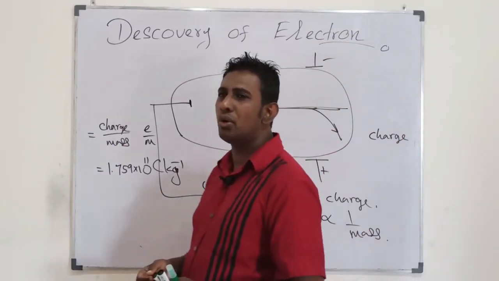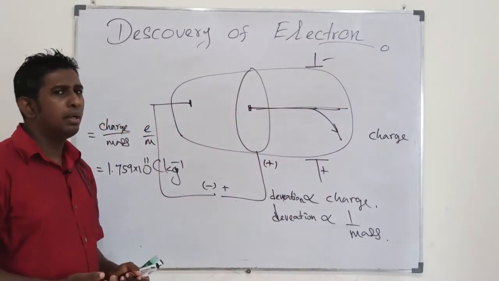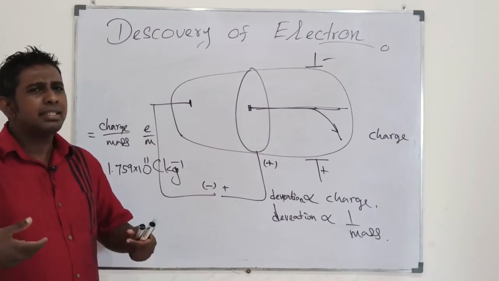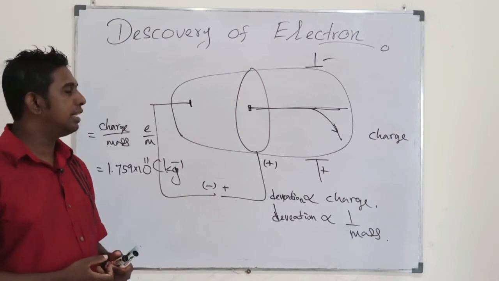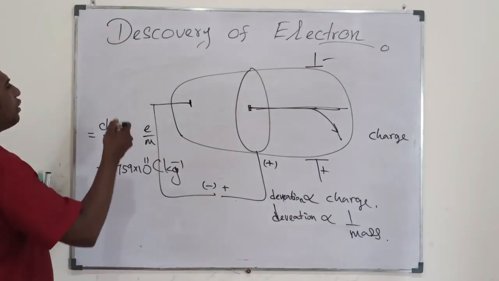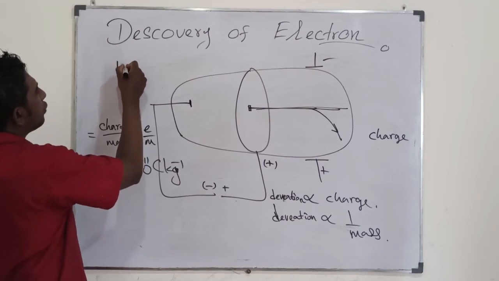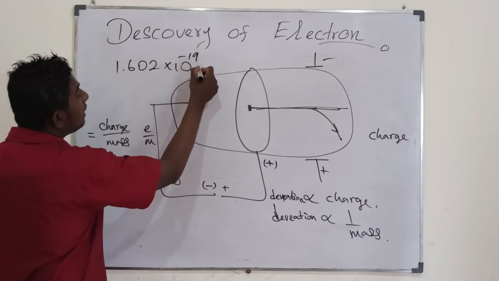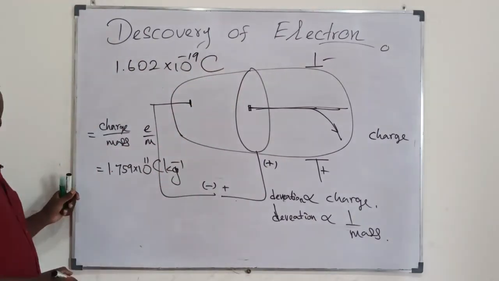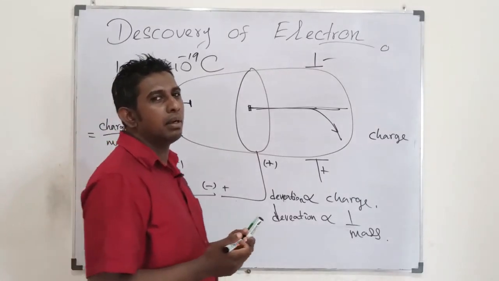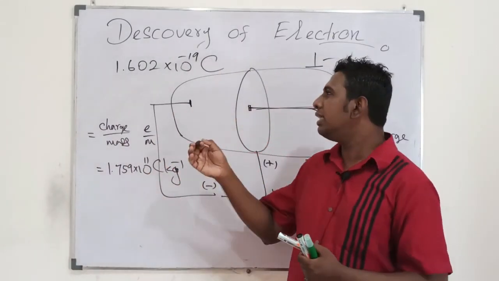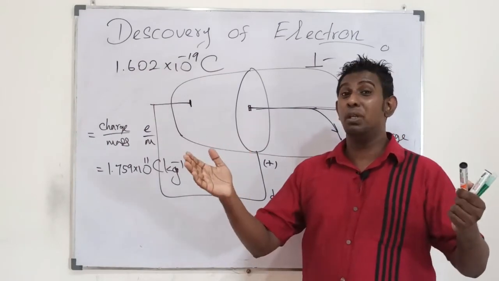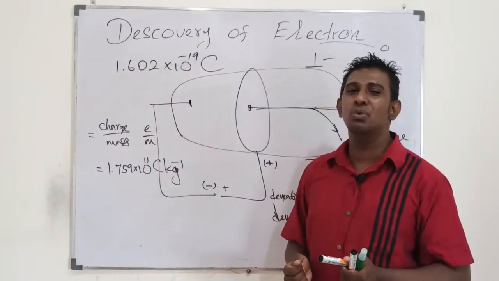Then students, later on, a scientist named Millikan, or we would call him Mulliken as well, in his oil drop experiment revealed that the charge of an electron is 1.602 × 10^-19 coulombs.